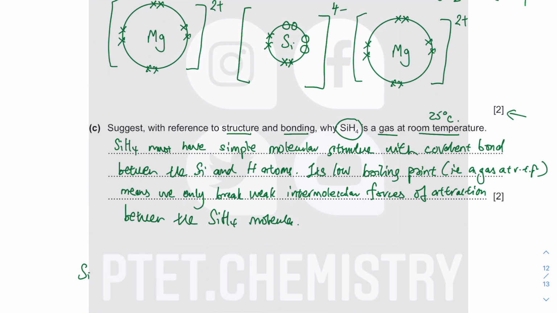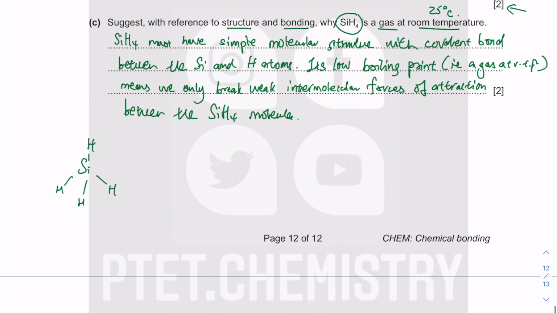If you draw SiH4, and if I draw another SiH4, remember that these are simple covalent molecules, a simple molecular structure. So between this molecule and the other molecules, you have forces of attraction. This is called intermolecular forces of attraction.